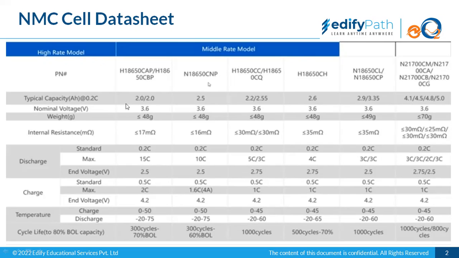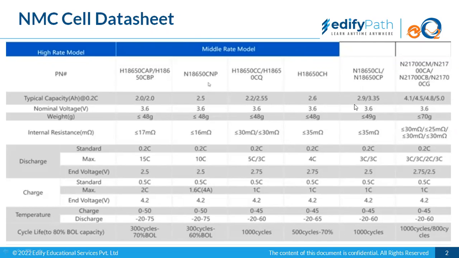Typical capacity is normally given either in milliampere hour or in ampere hour, and that is at a particular C rating. So if you are discharging at that particular C rating, only then will you get that amount of capacity. Under certain conditions, the battery capacity is given.